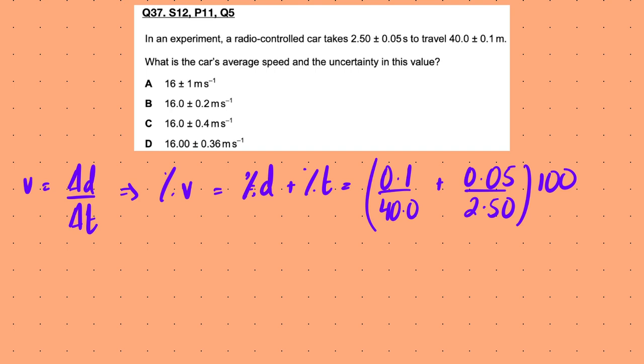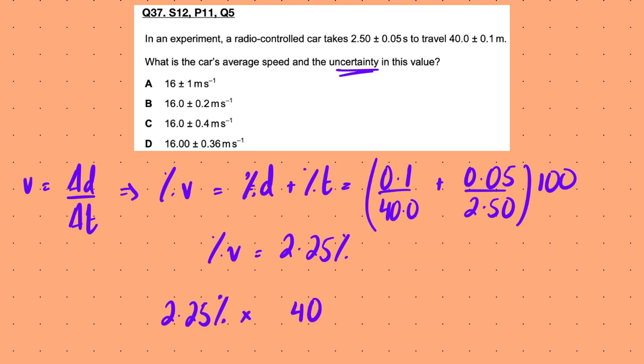So this value turns out to be 2.25%, but I need to give it as the absolute uncertainty, as you can also see from the options. So I'll find 2.25% of the actual value, which is just going to be distance over time.